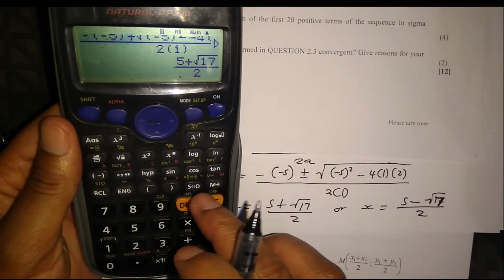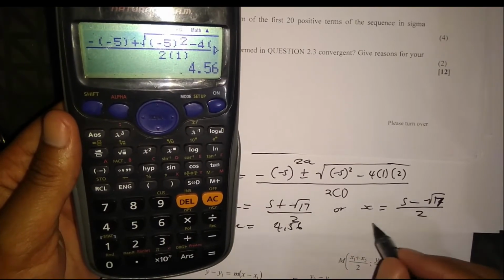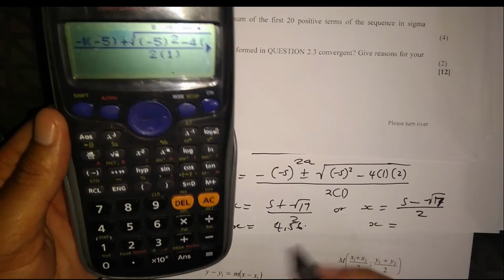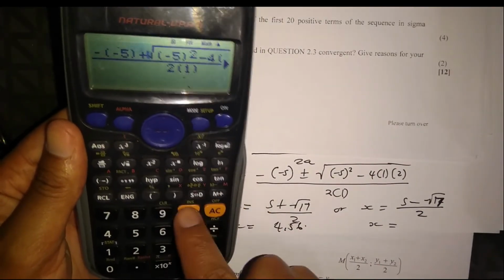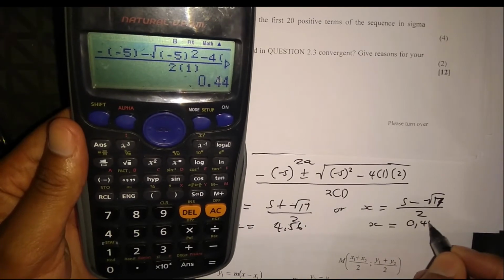You can write it as a surd or as a decimal, it doesn't matter. 0.44. Right, those were my answers.